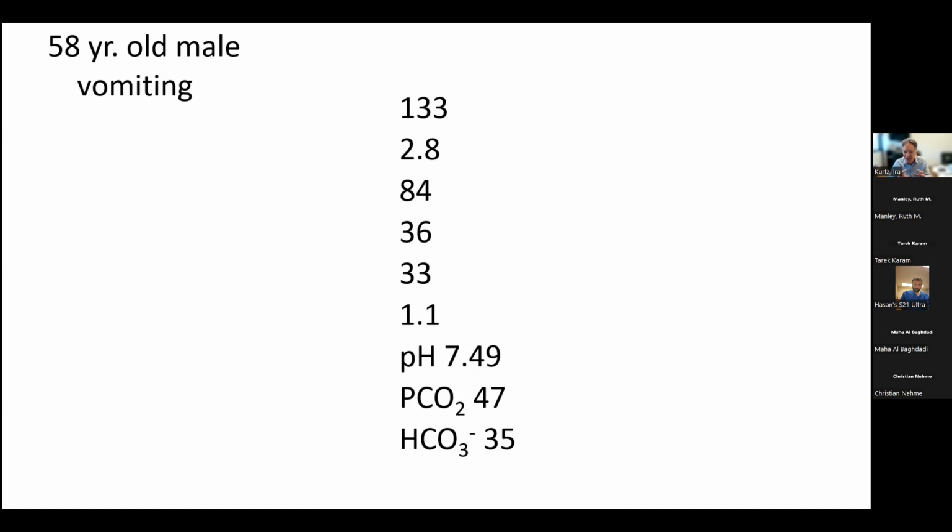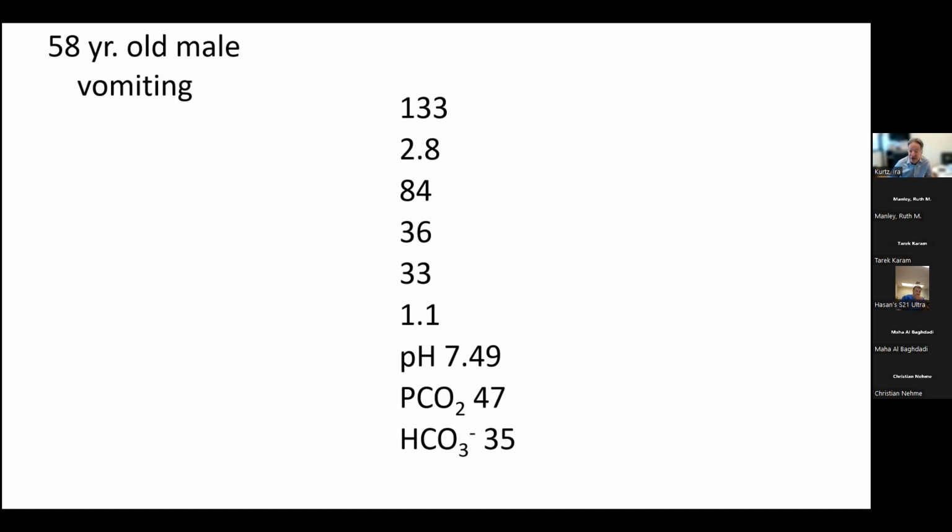So essentially, remember that 36 is a sum of the bicarbonate of 35 plus 0.03 times the 47. Those are the two entities within that total carbonated species that are in the millimolar range. We don't have to worry about what the carbonate or carbonic acid are in clinical medicine. They're just too low.